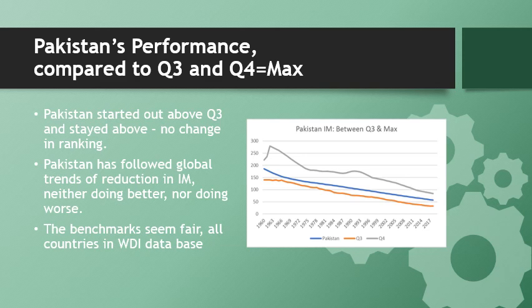So if we look at this picture, we see that Pakistan has followed the global trends in reduction of IM, which all countries have been following. It has been neither done better nor done worse. And in this case, the benchmark is the database of all countries, and that seems reasonably fair. So we can say that Pakistan is not good and not bad in terms of IM performance.